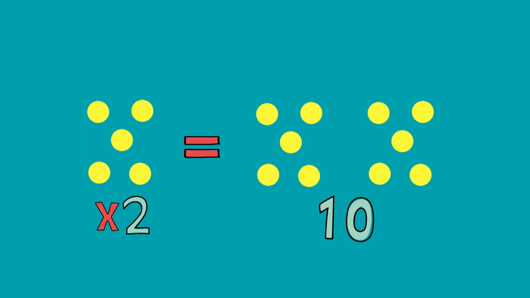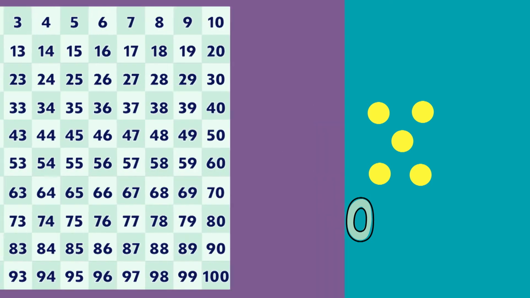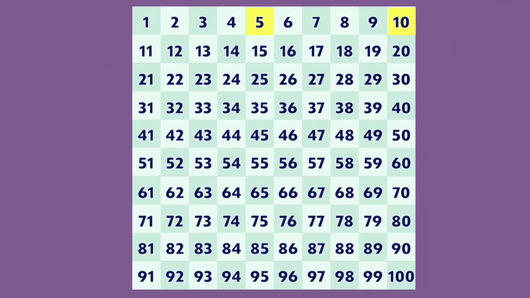Let's see how that looks on a hundreds chart. 5, 10, 15, 20, 25, 30, 35, 40, 45, 50. Every 2 5s equals a 10. So will doubling the number of times I count by 5s equal the same number of 10s?